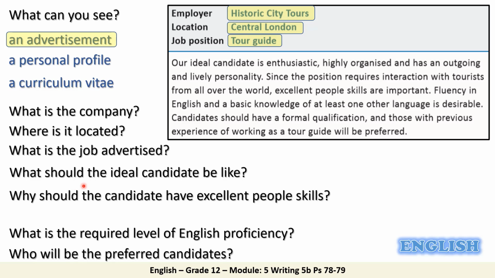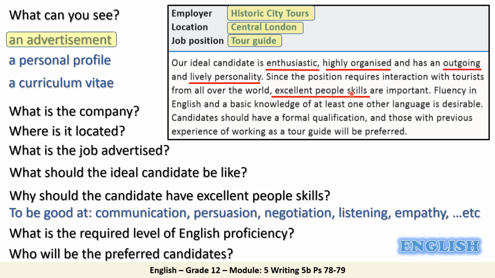Right, what should the ideal candidate be like? Now he is asking about the personal qualities of the candidate. He should be, have you underlined these parts? He should be enthusiastic, energetic enough. He should be highly organized, and he should have an outgoing and lively personality, in addition to excellent people skills.